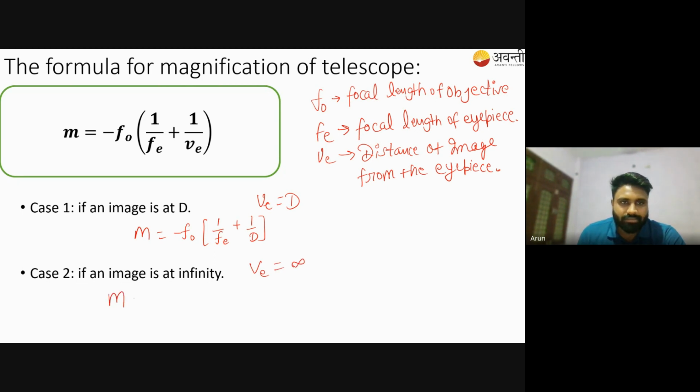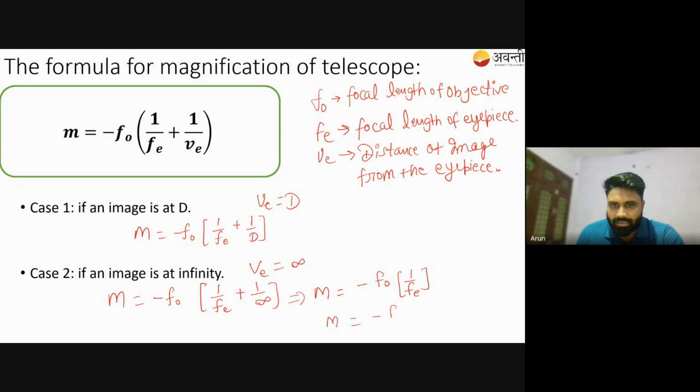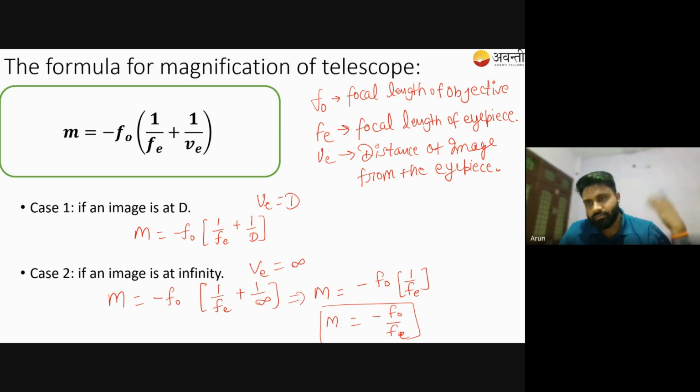So m is minus Fo into (1 upon Fe plus 1 upon infinity), which results in m equals minus Fo into (1 upon Fe plus 0), which is minus Fo over Fe. This is the magnification in the second case, when the image is formed at infinity. Got it?